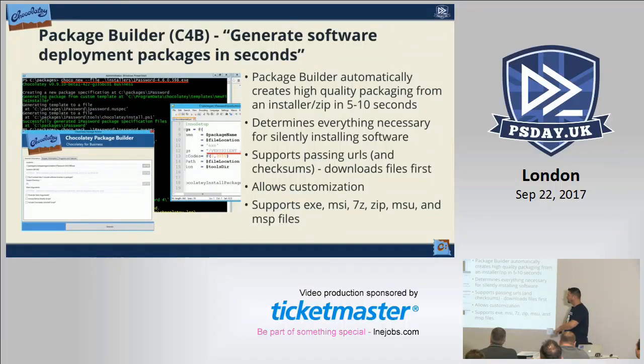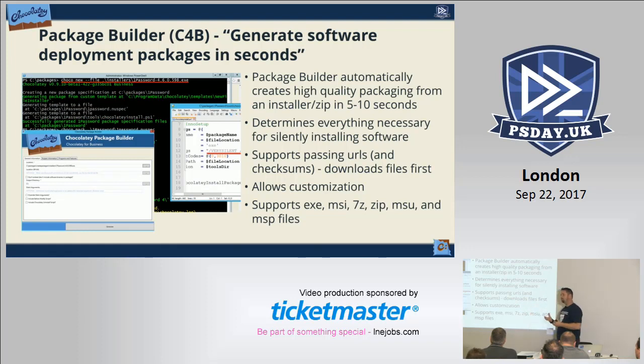There's also Package Builder. This is kind of nice if you're really trying to speed up that process. So if you have a lot of installers and zips in an archive, and you're really trying to get everything into Chocolatey as fast as possible, this will cut weeks or months out of your process. It's able to look directly at those installers and figure out how to create the silent arguments, how to wrap that entire package.